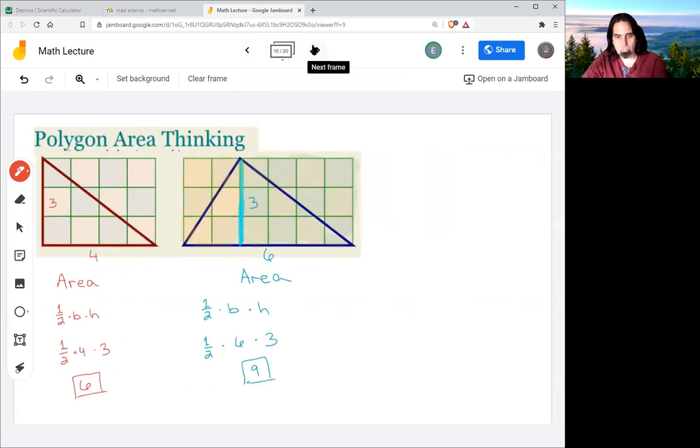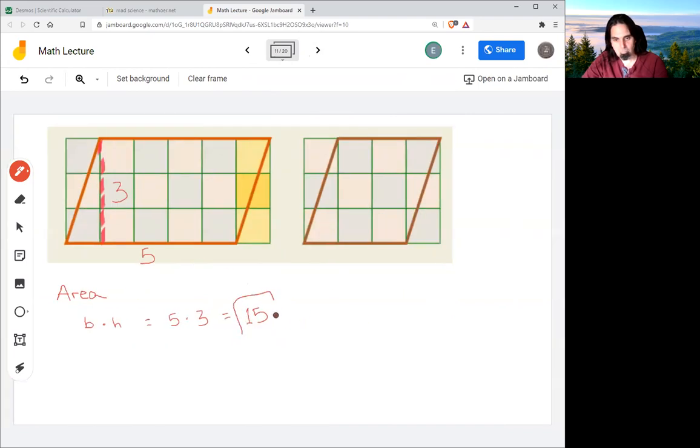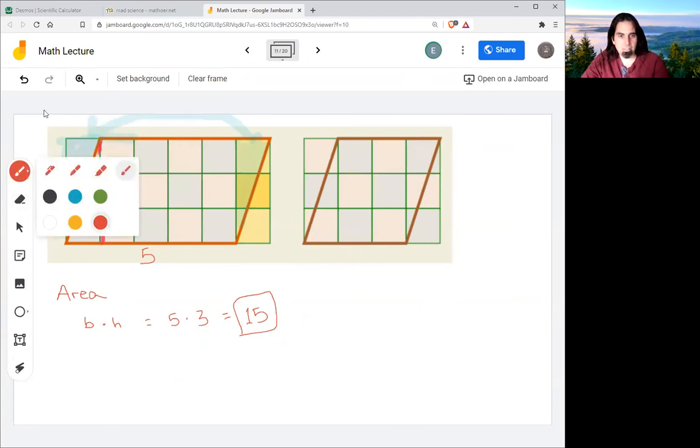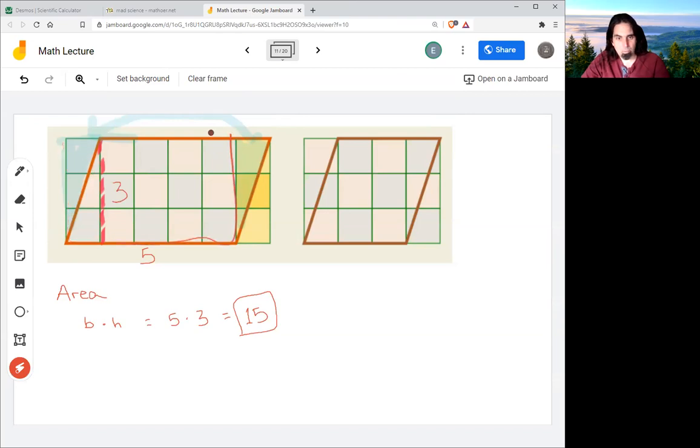Am I putting boxes around these? I am. And you can also just look at it and say, oh, look, if I took this piece here and moved it over here, then I would instead have this rectangle, right?